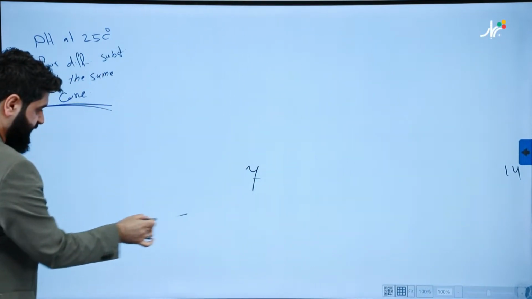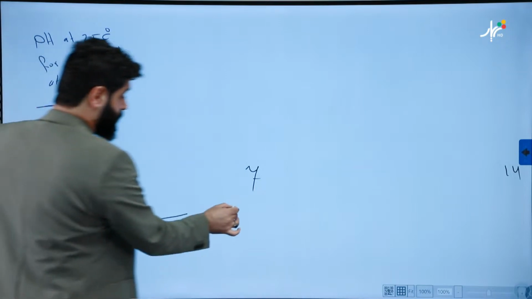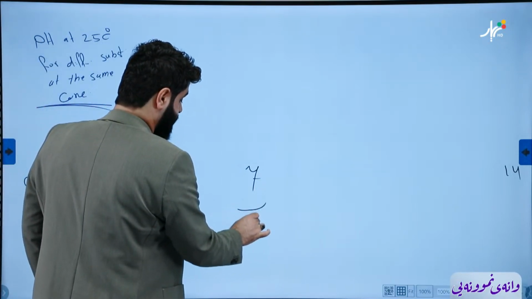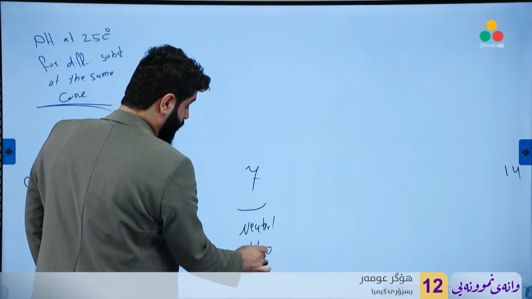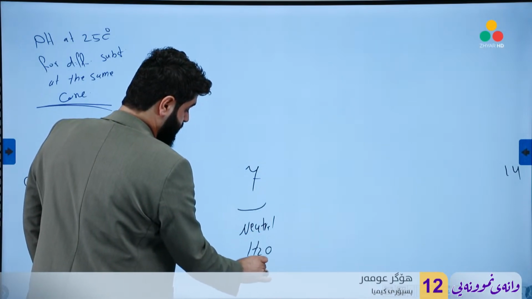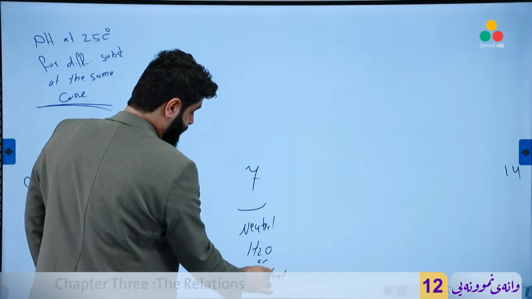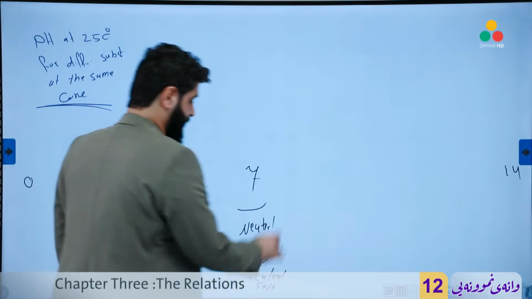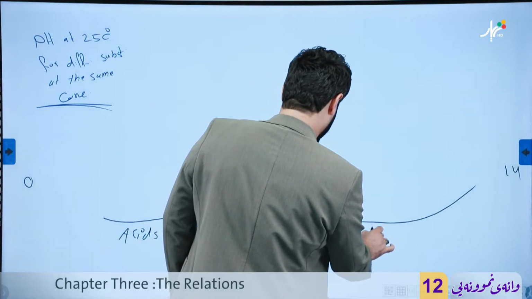Here, this is acidic territory. This is for the acids. This one, neutral. Example, H2O or neutral salt. You will learn what we mean by the neutral salt. Good. And here we have the bases. Great.